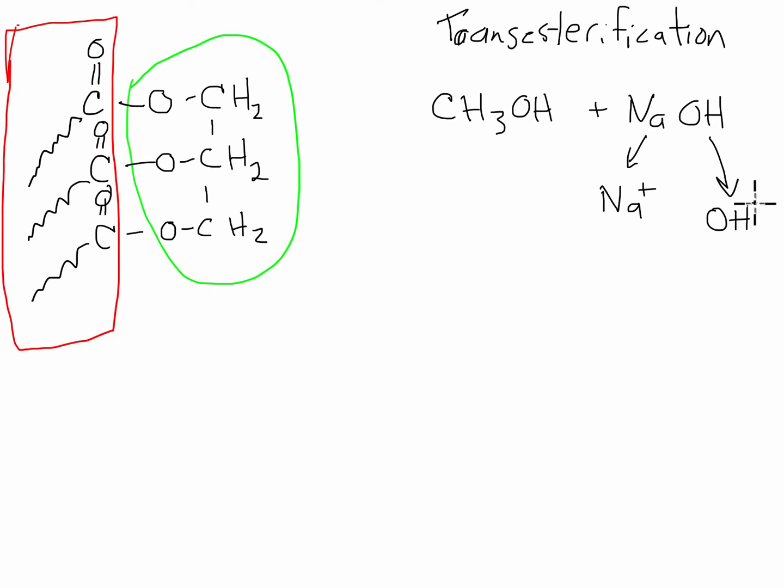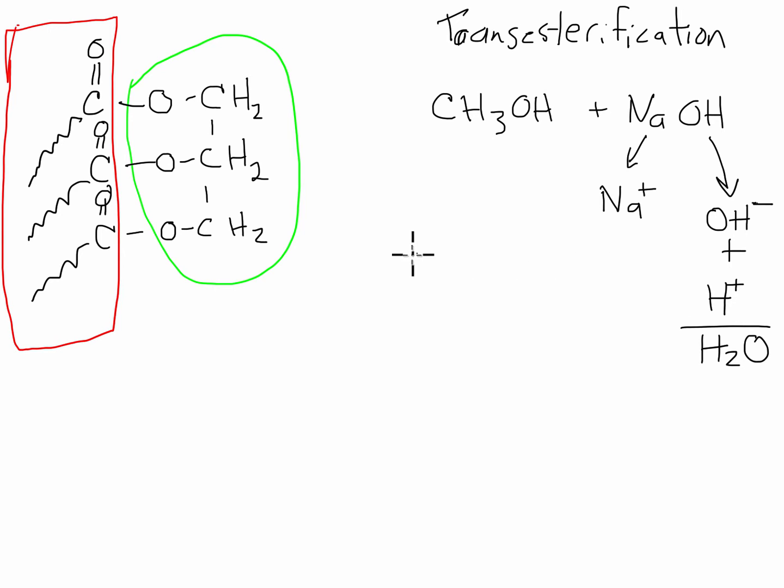Okay, so this is our base, meaning that this guy really wants to react with a proton, a positively charged hydrogen ion, and if those two get together or bond together, you get water. Okay, so that's what this base wants to do. It really wants to suck a proton out of somewhere in order to become water.